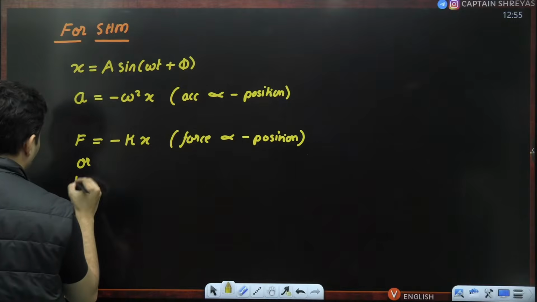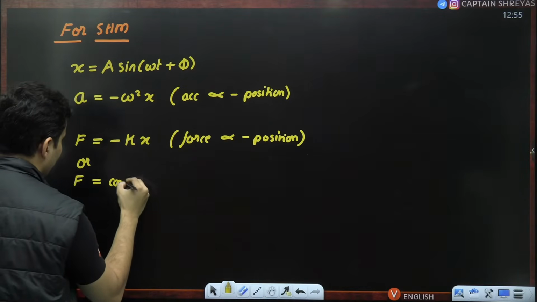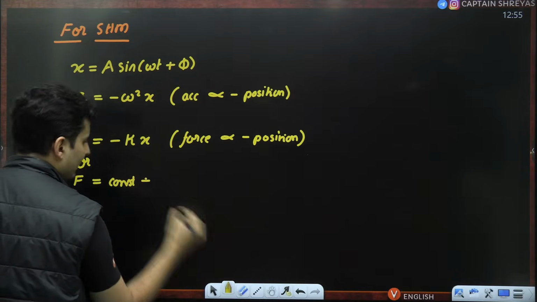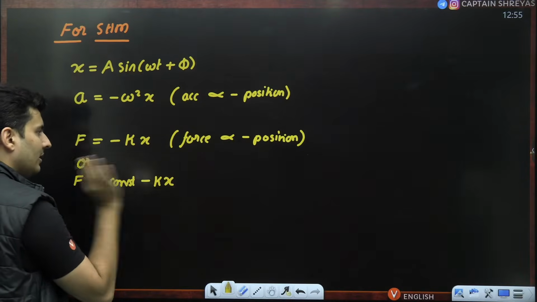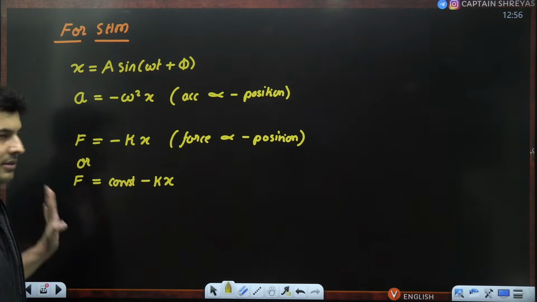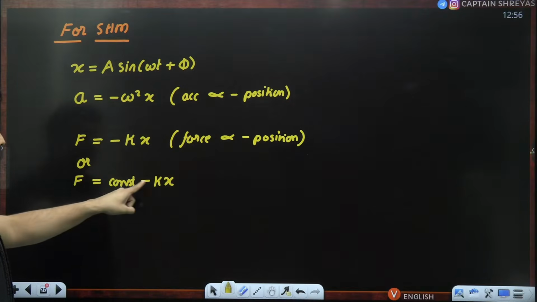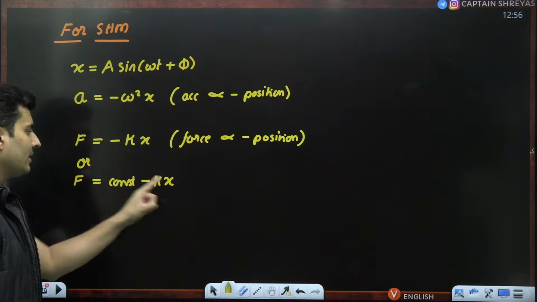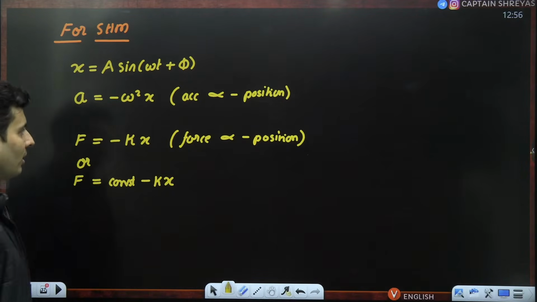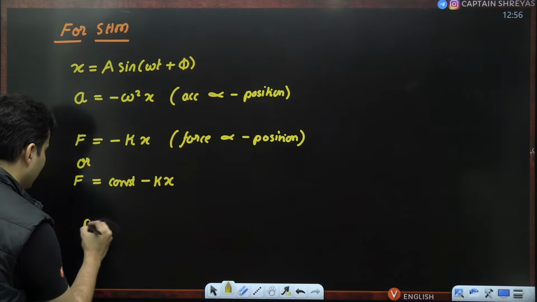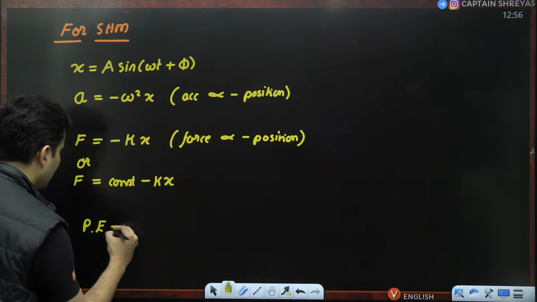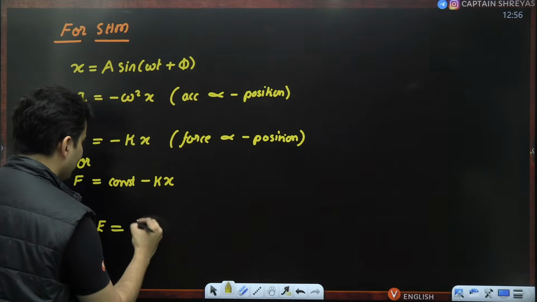Sometimes the force might be some constant minus kx, that is also okay. That constant does not matter. Even if there is a constant, ignore it. As long as it is having minus kx in that equation, you are sorted. Another time you might also get that the potential energy is proportional to the square of the x term.